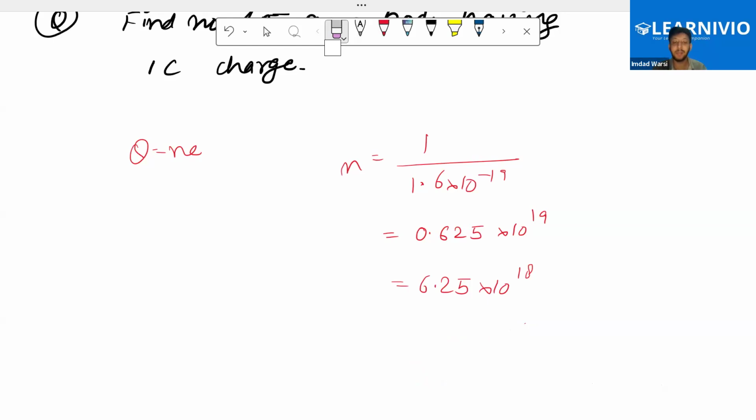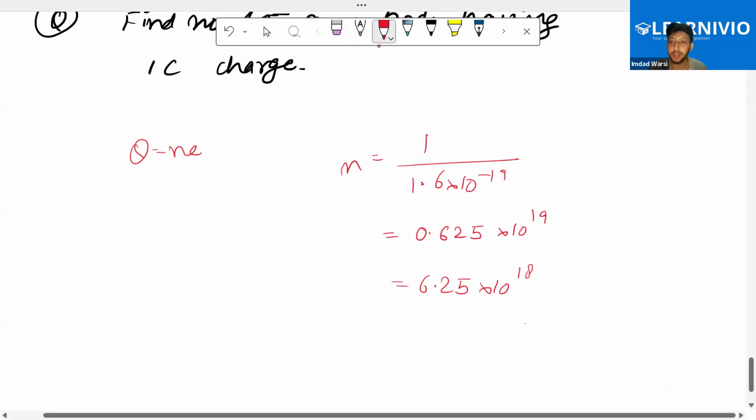So we can write a statement as: 1 coulomb, right? You've written this, done this till here? Yes, sir.